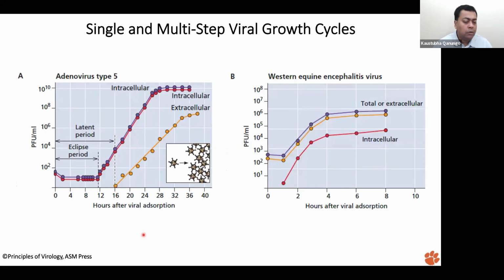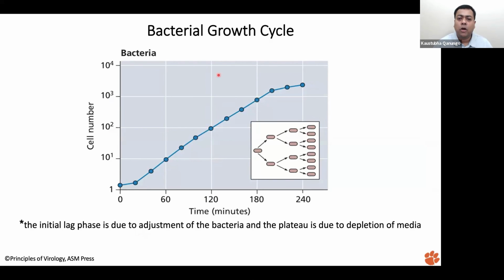Unlike the bacterial growth curve, where 1 divides into 2, 2 into 3, and even in the exponential growth you see a gradual increase in the number of cells before it plateaus out, this is a typical reproduction in bacteria.